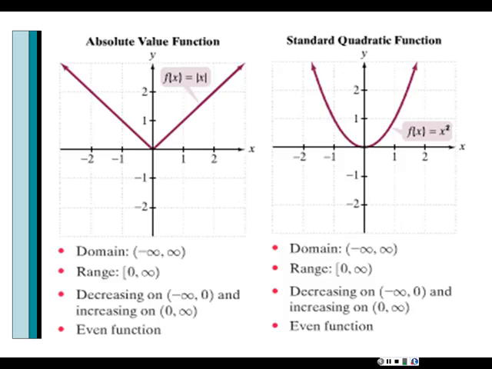You see this graph is decreasing on the left side, up to here, and then increasing again from here. So we wrote that it's decreasing from negative infinity to 0 and increasing from 0 to infinity. It's an even function because it's symmetric about the y-axis. If you look at both sides of the y-axis, you'll see they look similar.